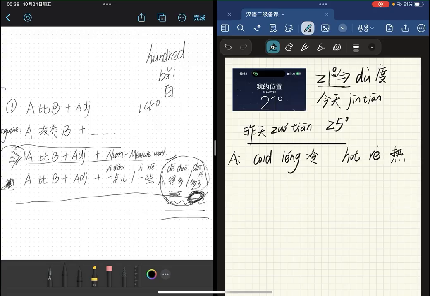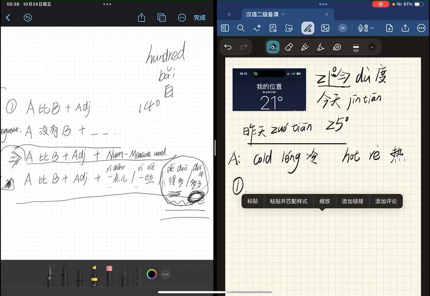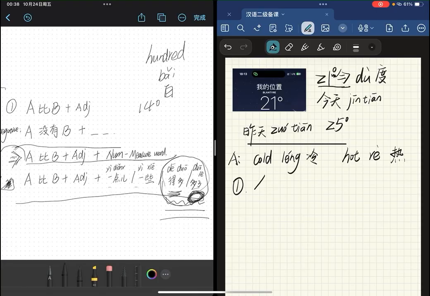For the basic structure, we compare today with yesterday. 今天 is 21度, and yesterday is 25度. So we know 昨天 is hot, and 今天 is cold, right?